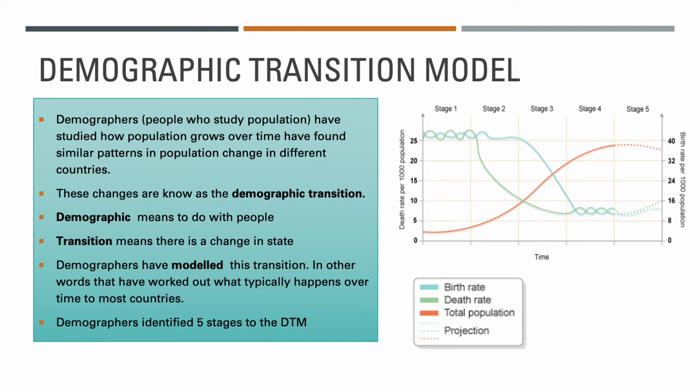Now this is known as the demographic transition. Demographic just means something to do with population. Transition means a change in state from one way to another, and demographers have modelled this transition, hence we end up with a demographic transition model. And there are 5 stages to it. What we're going to do now is we're going to look at each of those stages in turn.